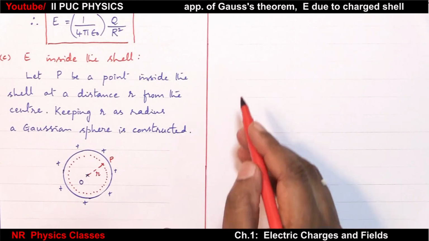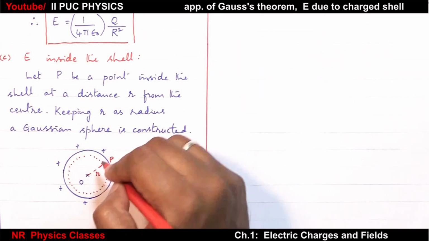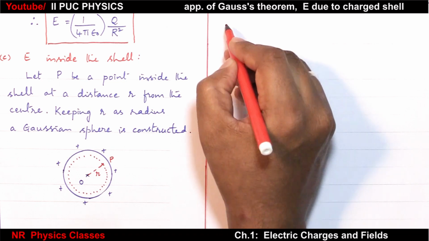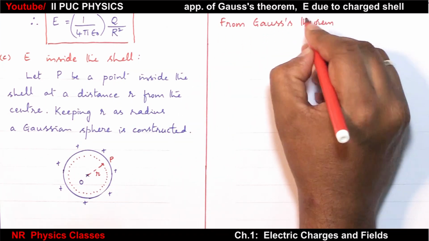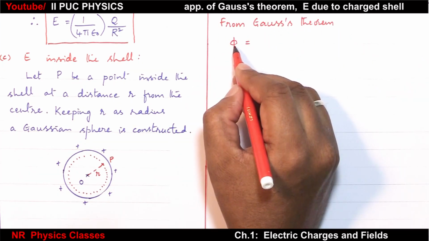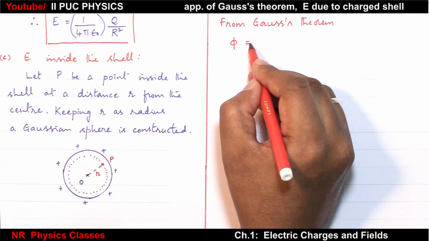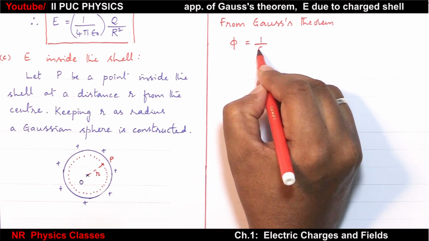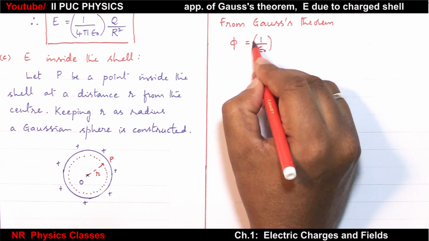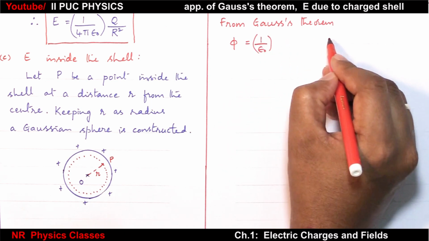Now let us use Gauss theorem first. From Gauss theorem, total flux through the Gaussian sphere is equal to 1 by epsilon naught times total charge enclosed by the Gaussian sphere.